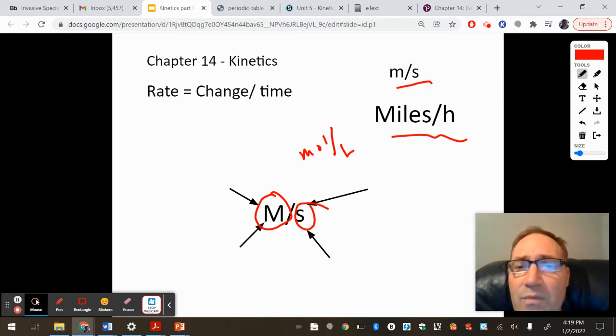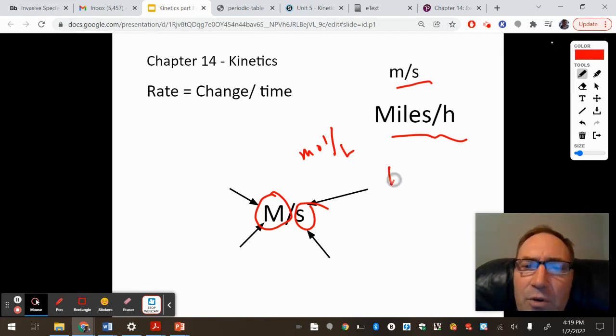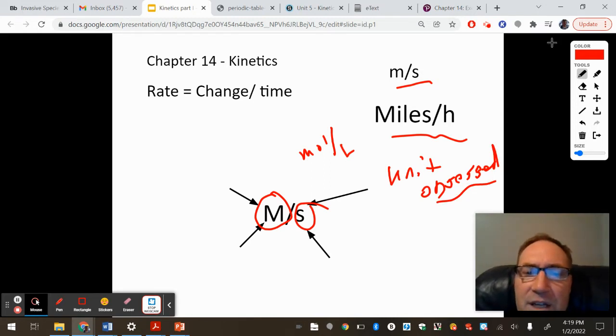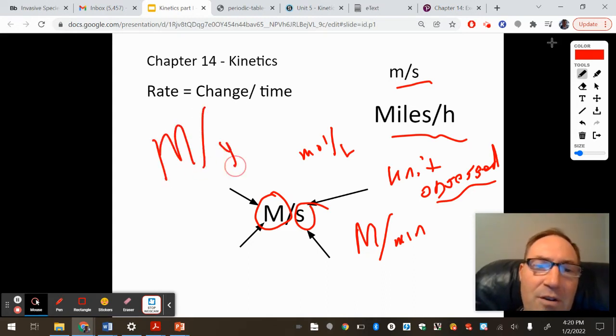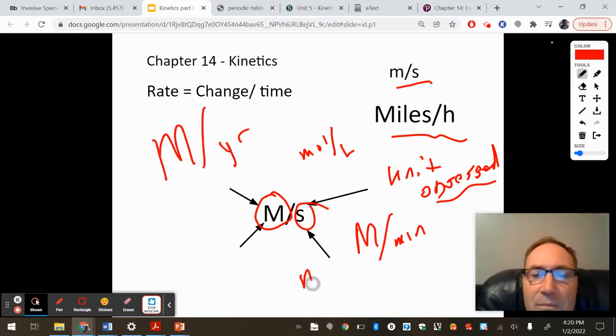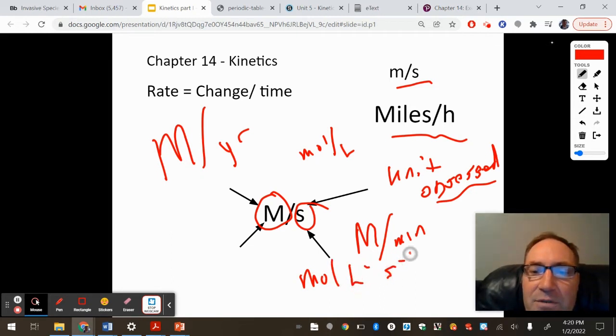Now, when you're doing kinetics, the AP College Board, they're unit obsessed. What I mean by that is they really care about the units. So sometimes you're going to see it as big M per minute or big M per year, or they might try to get fancy, moles, liters to the negative first, seconds to the negative first, which is all the same thing as this.